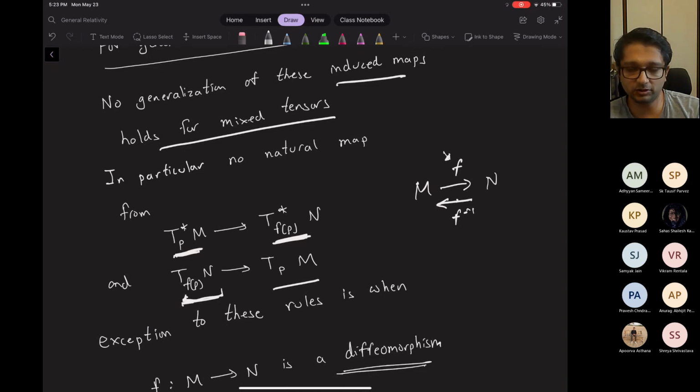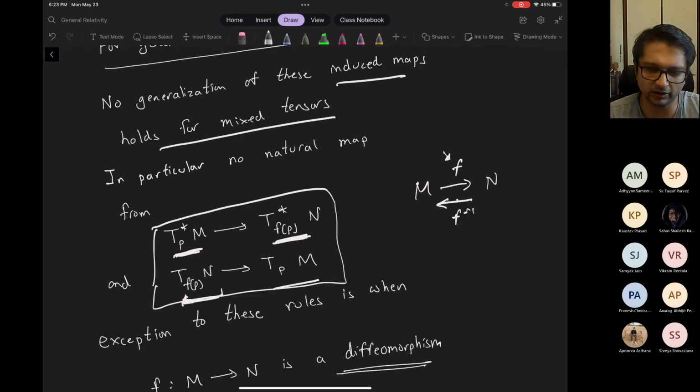So you can do the reverse operation, which was previously forbidden. And in a coordinate dependent way, the Jacobian becomes invertible.